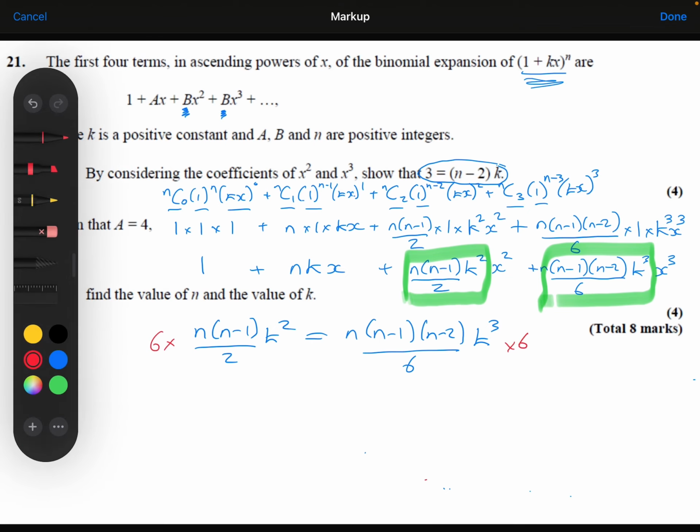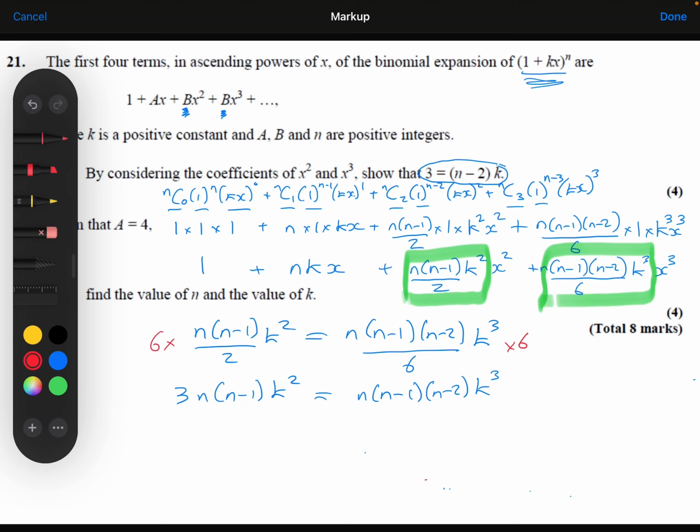On the left-hand side I've now got 3n(n−1)k², because the 6 divided by the 2 is 3. And on the right-hand side the fraction has gone now.